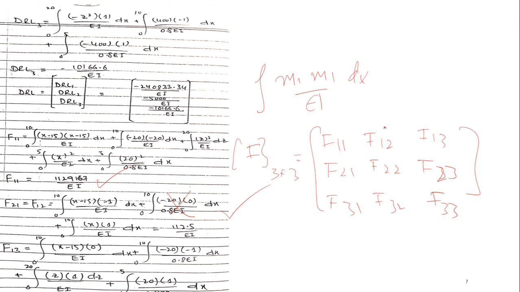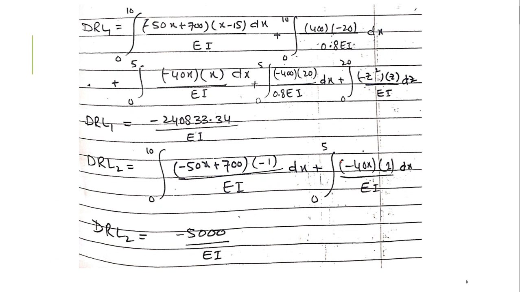And you should know that F12 equals F21, F31 equals F13, F23 equals F32, and the diagonal terms won't be equal to 0. This is a property of a flexibility matrix, and this is the same property which the stiffness matrix has, and you will be studying stiffness matrices later.